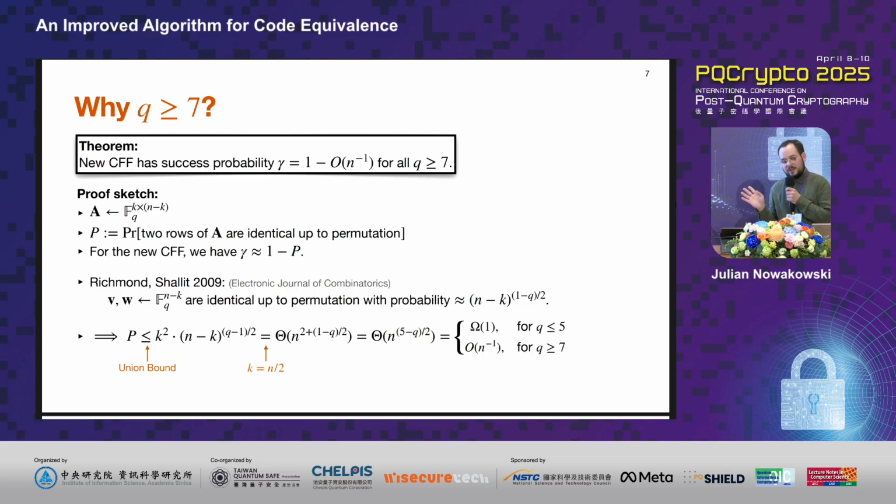So this might give the impression that the bound q greater or equal than 7 is merely a proof artifact, right? We just show an upper bound on the probability and show that if q is at least 7, this upper bound quickly goes to 0 and everything is fine. But of course, this doesn't rule out that everything stops working as soon as we have q equal to 5. And it turns out that is actually the case.